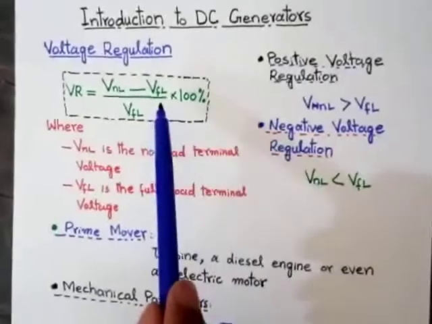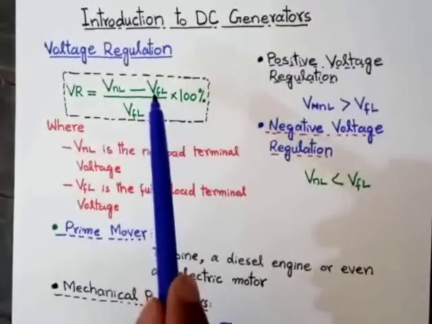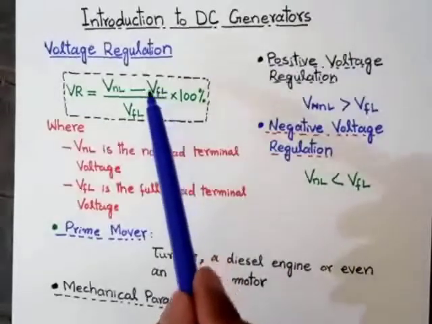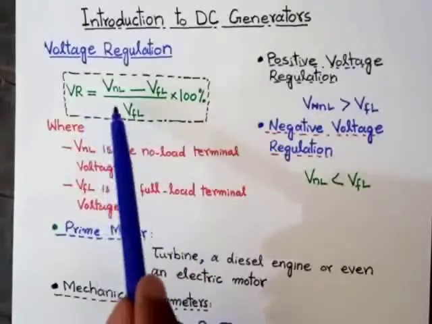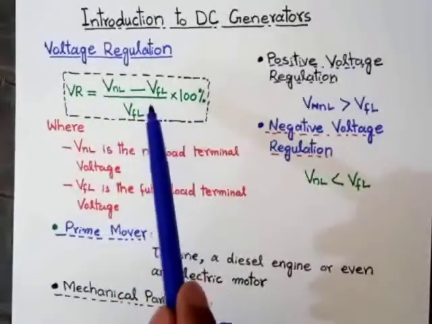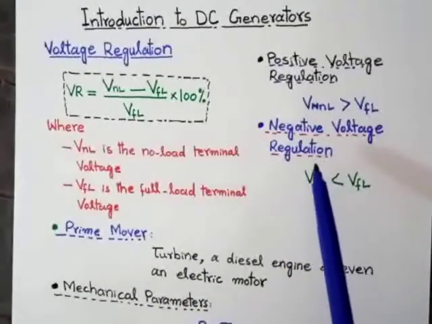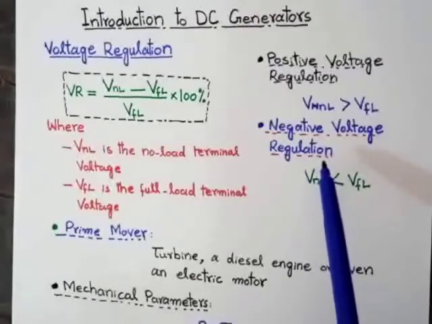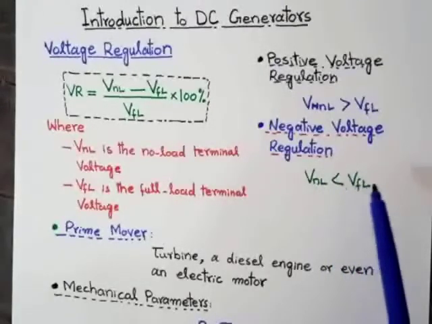It means when we connect the load, then the voltage due to load will increase. If the voltage due to load increases, then the answer of this equation will be negative, and this type of voltage regulation is called negative voltage regulation. It means in case of negative voltage regulation, when we connect the load, then the voltage rises.